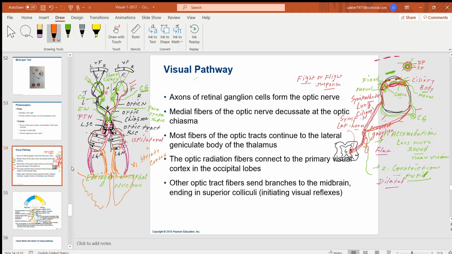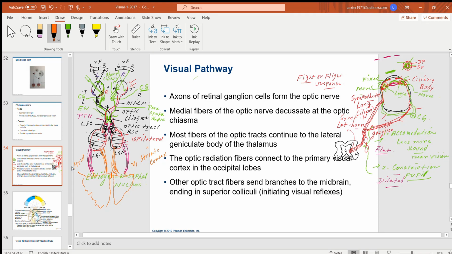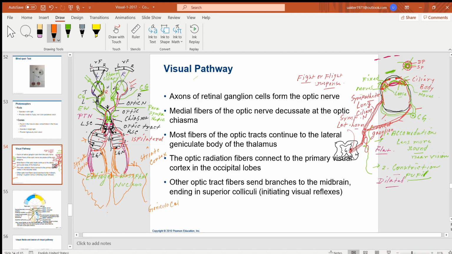So the striate cortex, and you have the calcarine fissure here. These fibers are also known as geniculo-calcarine fibers. Makes sense, right? From the lateral geniculate nucleus to the calcarine. So geniculo-calcarine fibers, also known as optic radiation.